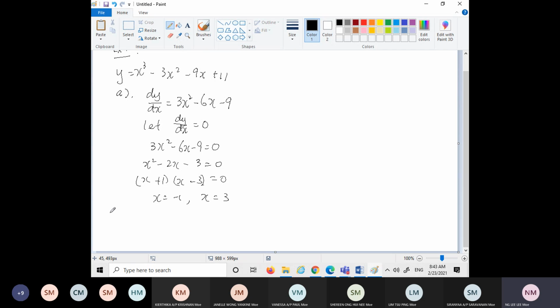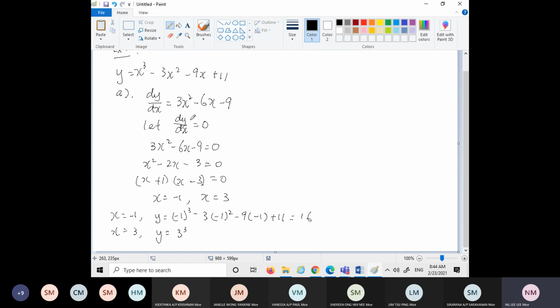So when x is negative 1, y is, the answer is 16. When x is 3, substitute, same thing. Substitute into the y equation, not here.